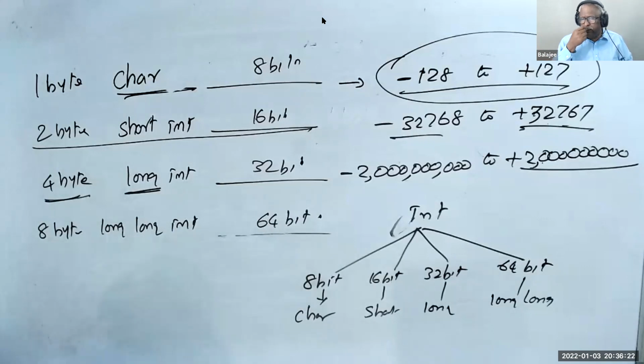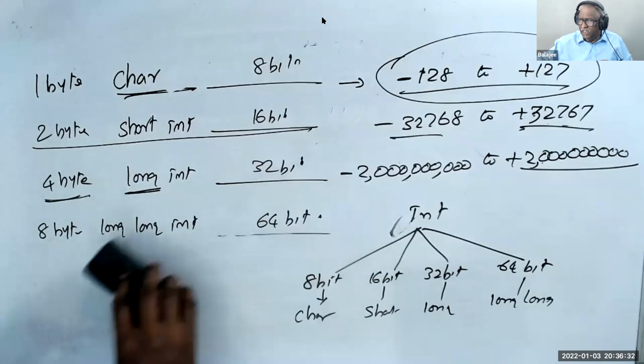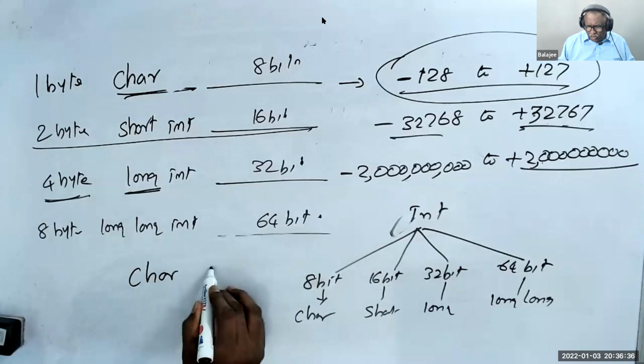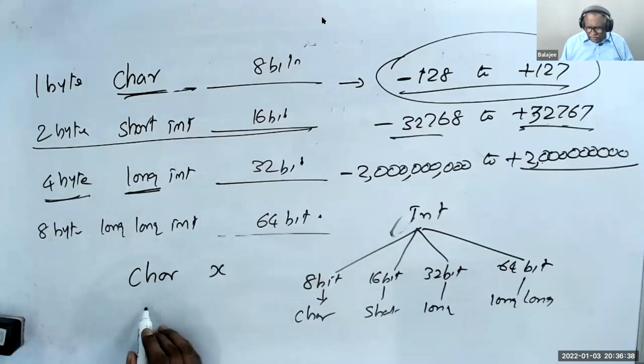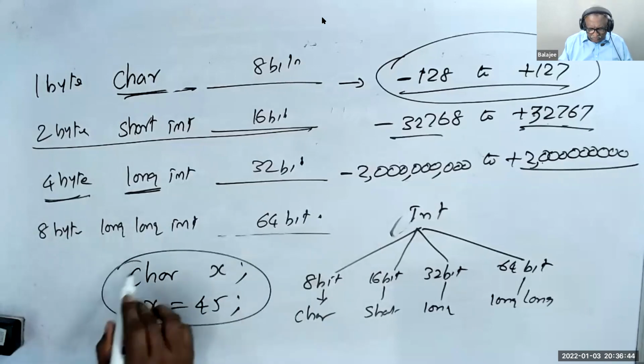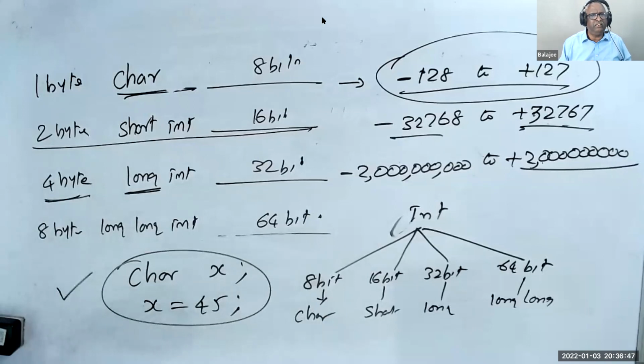So please understand, everybody: don't forget that char is an integer. This is acceptable. That means I can say char x, and put x equal to 45. This is perfectly valid, and this is C. Char is an integer.